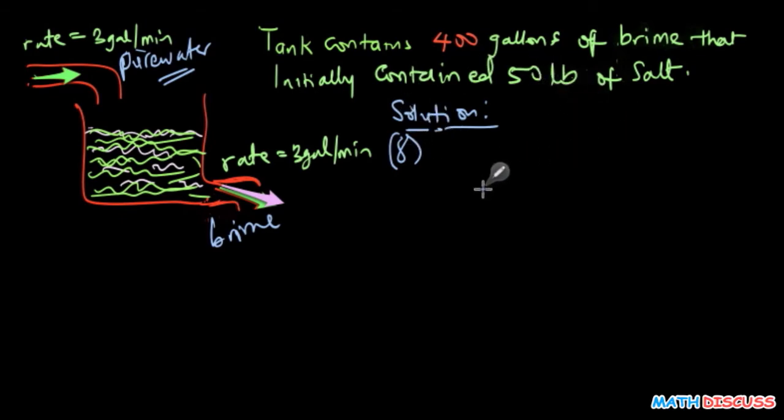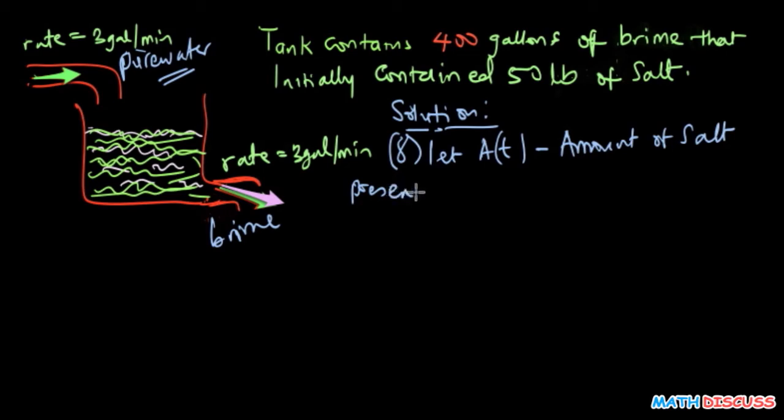I'm going to start with the last one. Let me start by defining the terms. Let A of t denote the amount of salt present in the tank at time t.